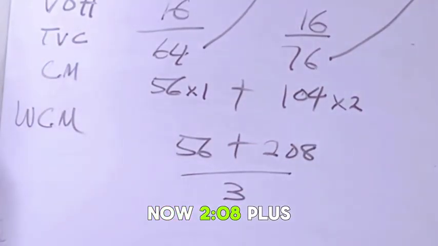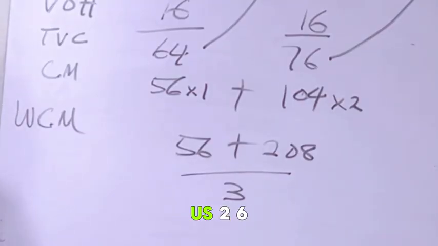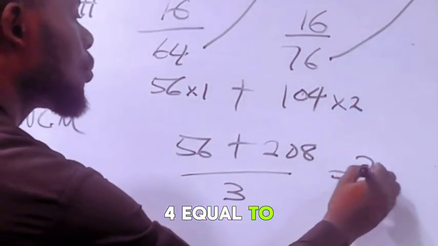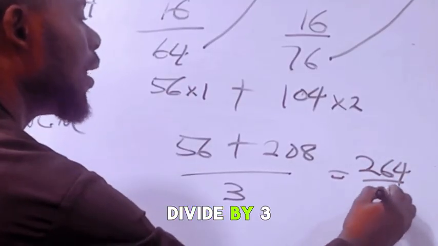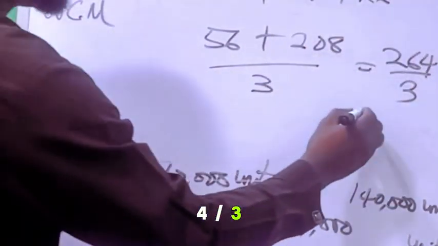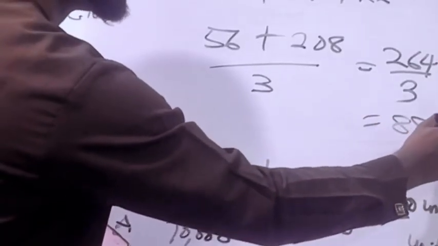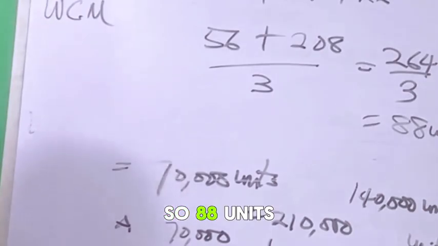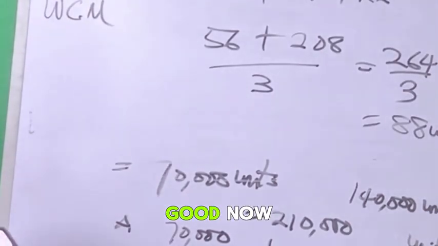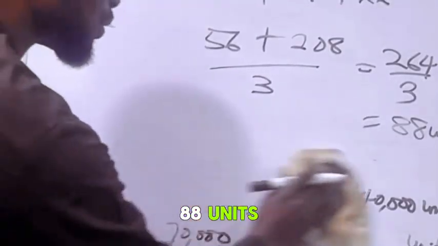Now 208 plus 56 will give us 264, divided by 3. So 264 divided by 3 will give us 88 units. So we have 88 units.